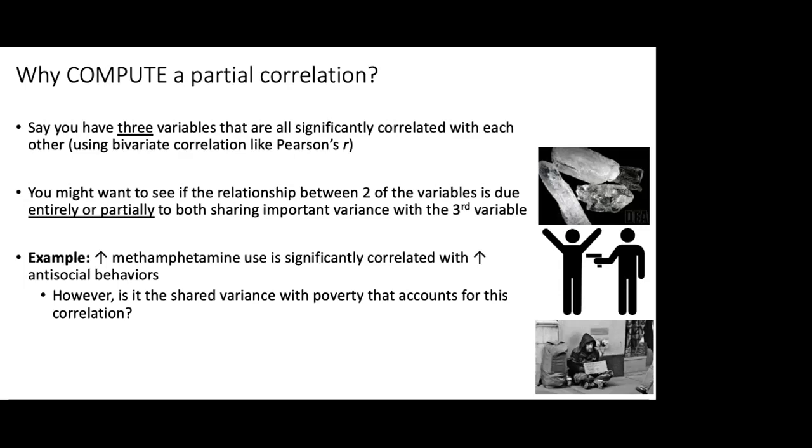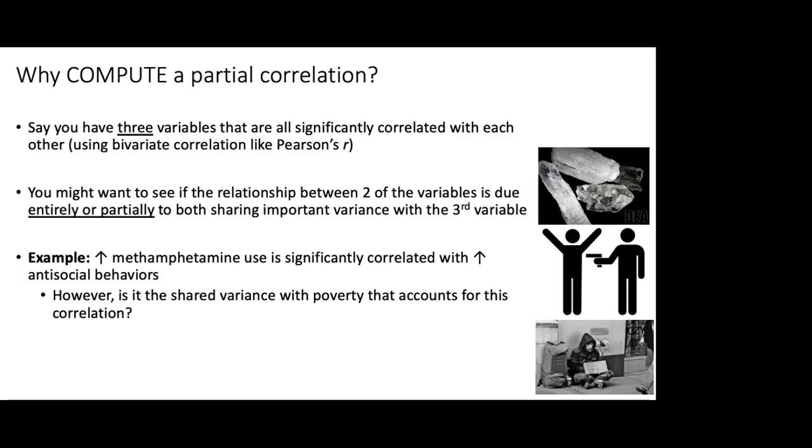Poverty is probably related to both, right? It's correlated with antisocial behaviors, and it's correlated with drug use. And we want to know, can the correlation between drug use and antisocial behaviors be explained fully by their shared variance with poverty?